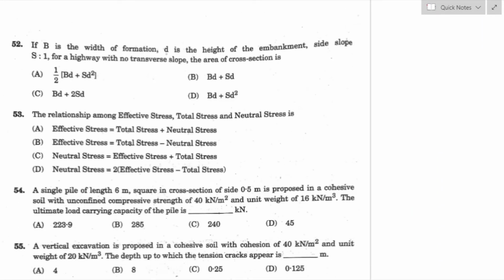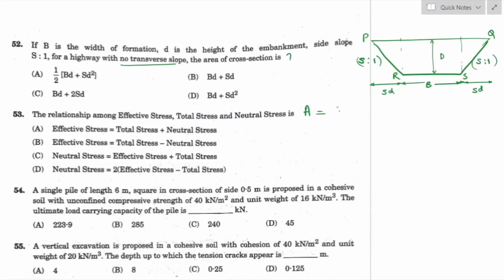Question number 52. If B is the width of the formation, D is the height of the embankment, and side slope is S:1 for a highway with no transverse slope, the area of the cross section is. So area of the embankment is equal to area of the trapezium PQRS. Area of the trapezium is half times the sum of the parallel sides. The bottom length is B meter width and the top length is B plus 2SD.